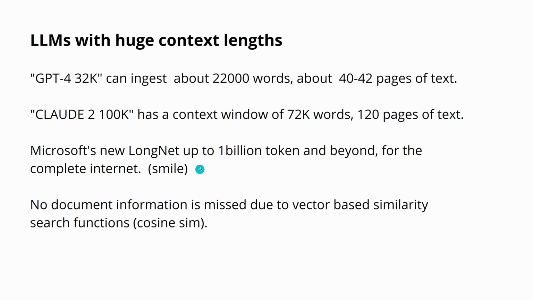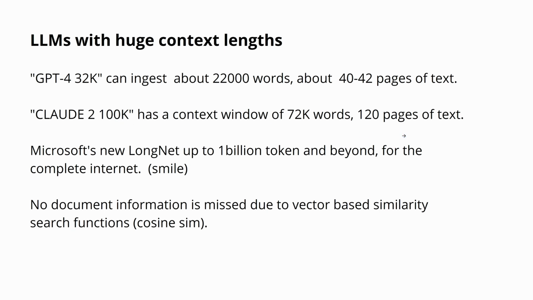The positive fact here is, with this solution, no document information is missed due to the vector-based similarity search function, like the cosine similarity, that you have inside of your vector store. Because now, for example, the complete book, you just read in the complete book with 100K token length.